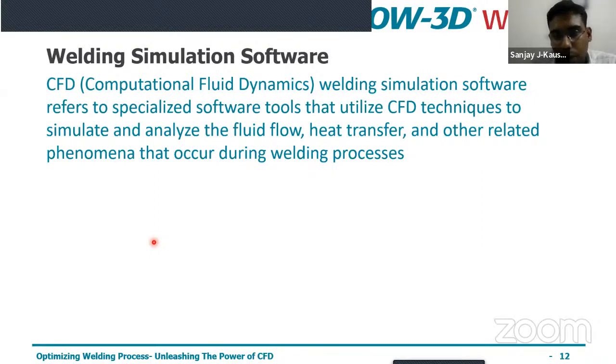So what you see on the shop floor can be simulated on the computer, but the main advantage here is much more. One is you can go to the depth of the problem in a very deep way.